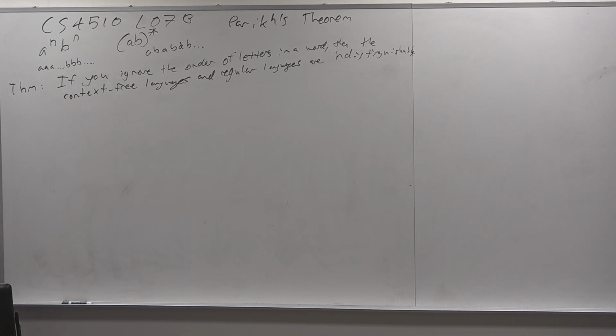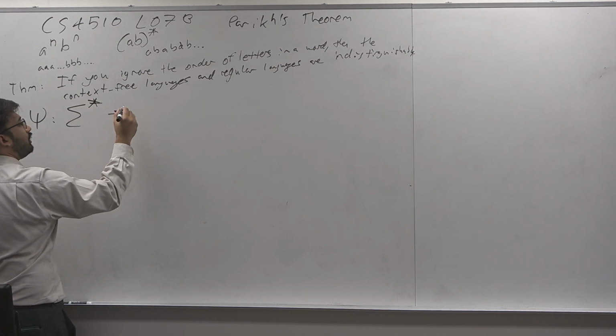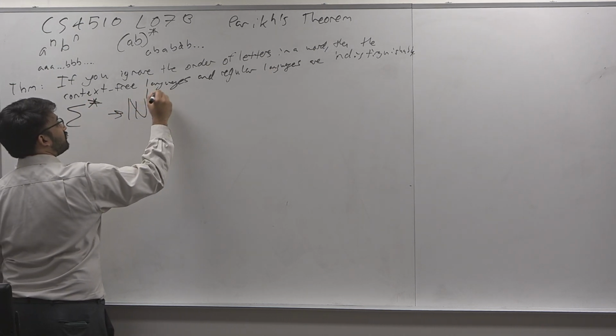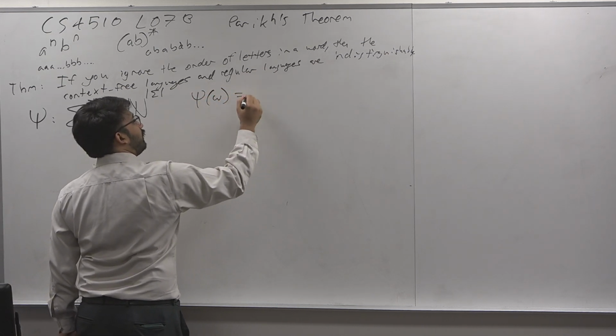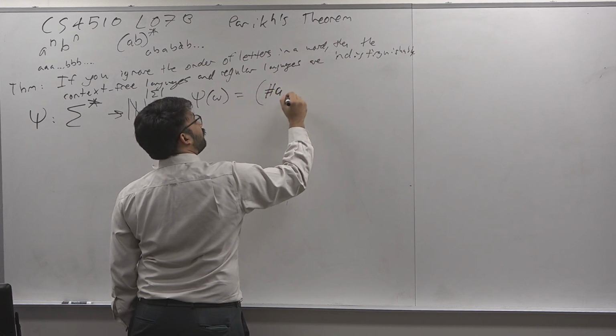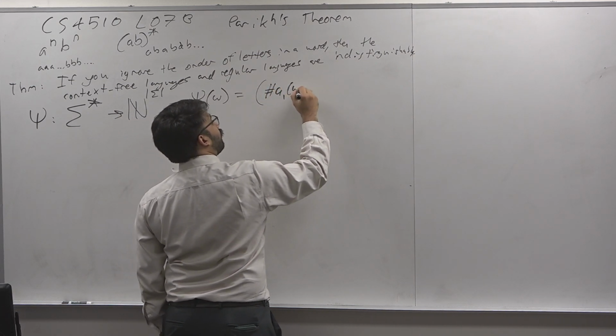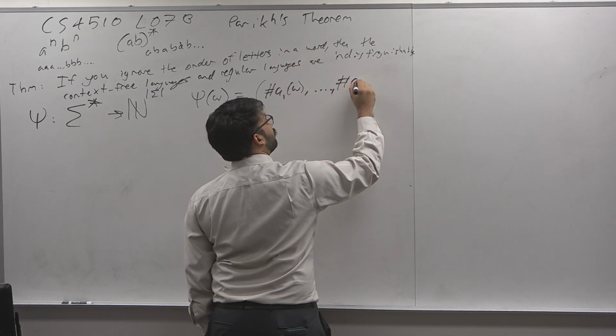So we define this frequency function, which takes strings and maps them to vectors, defined as a tuple of the frequency of appearance of letters in that word.